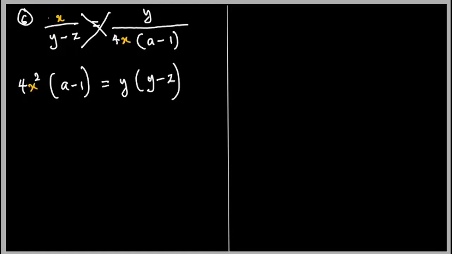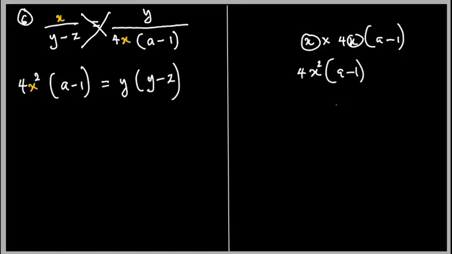Now x here multiplies with 4x here, times the bracket a minus 1. So with this x cancel this x, we have x squared, times the 4, with the bracket a minus 1.